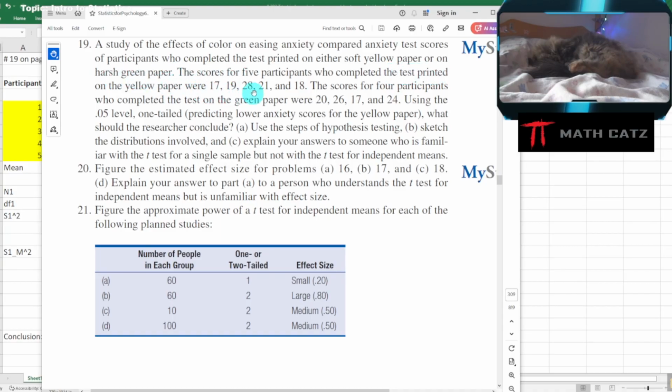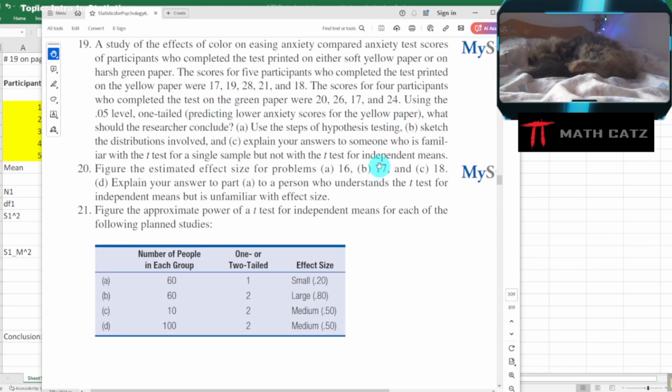The scores for 5 participants who completed the test printed on yellow paper were these numbers. The scores for 4 participants who completed the test on the green paper were these numbers.